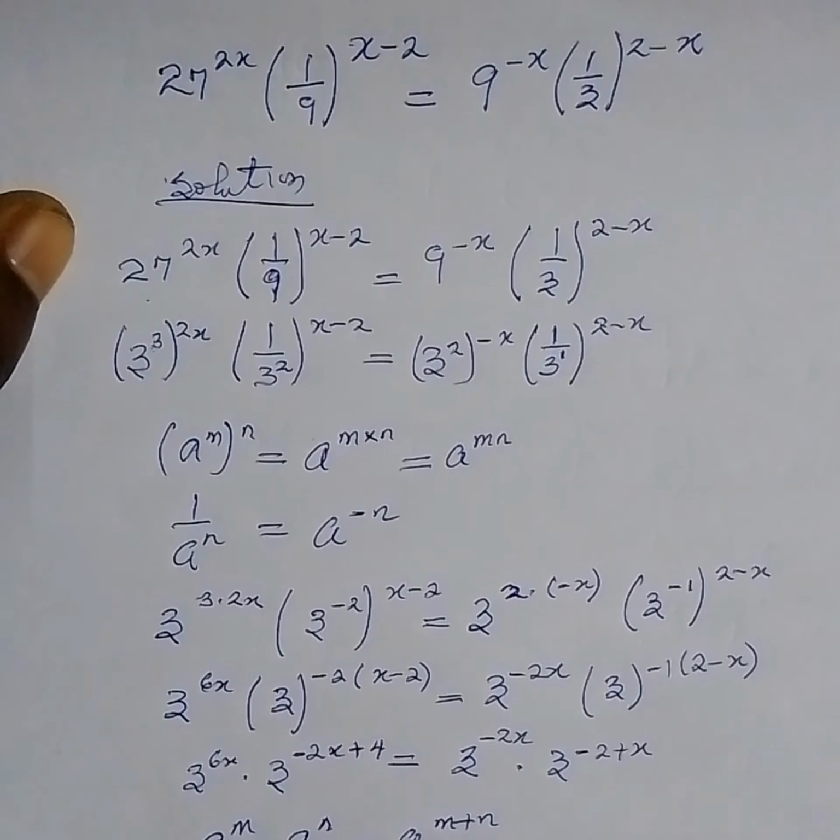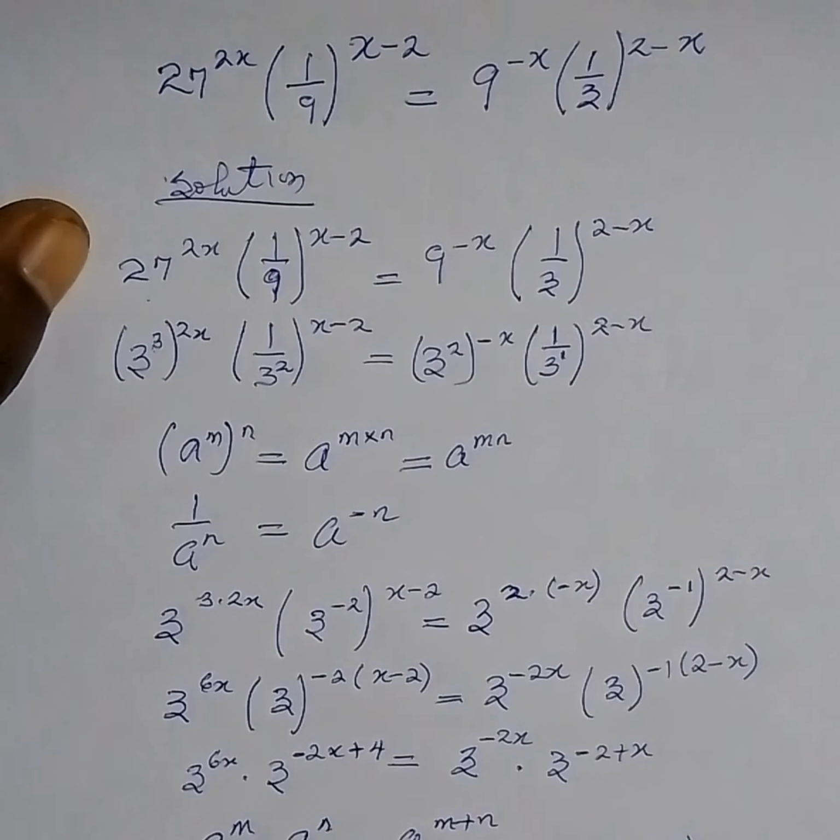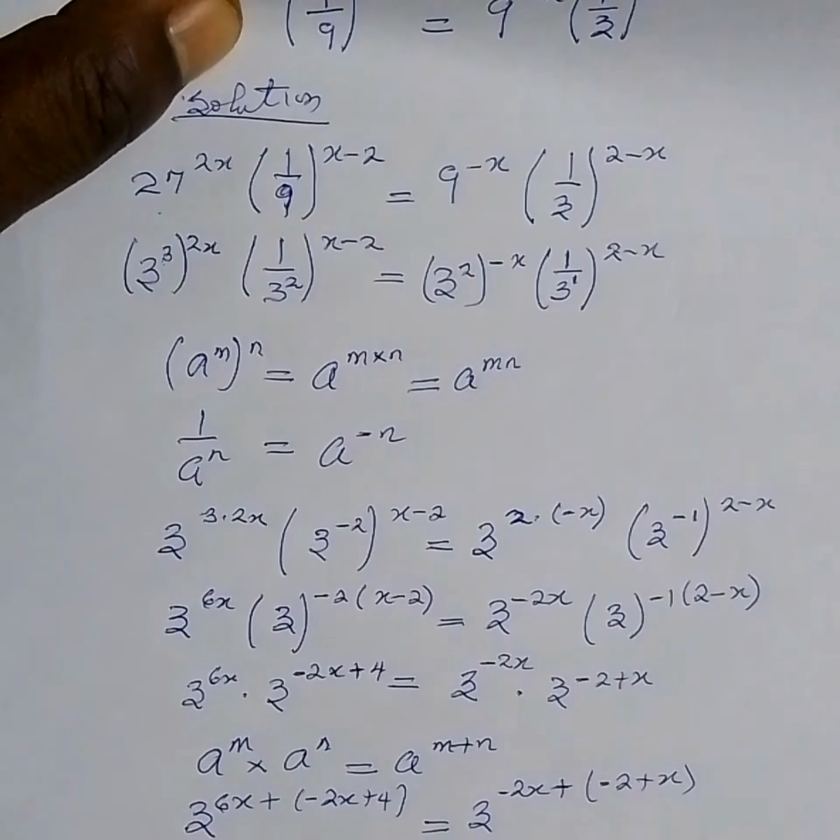That gives 3 to the power of 6x minus 2x plus 4, equal to 3 to the power of minus 2x minus 2 plus x.